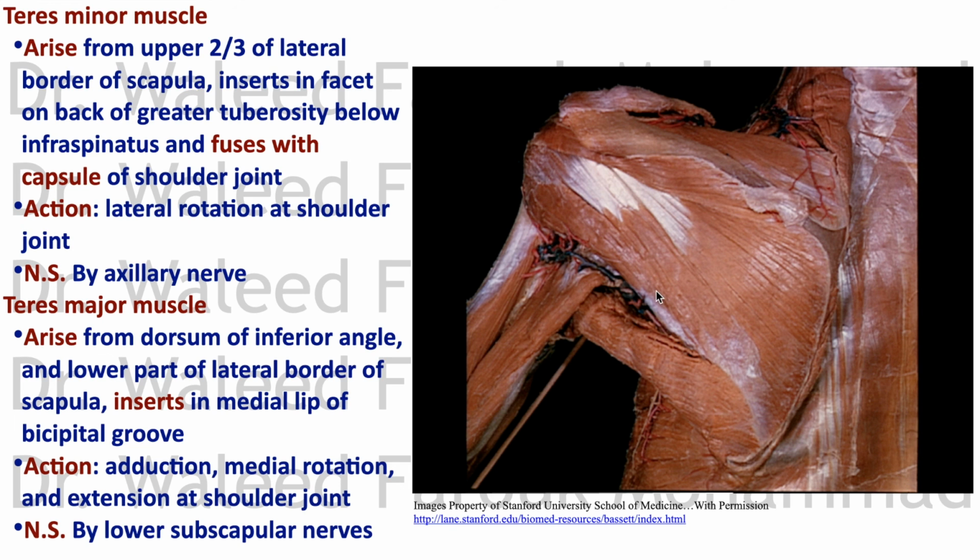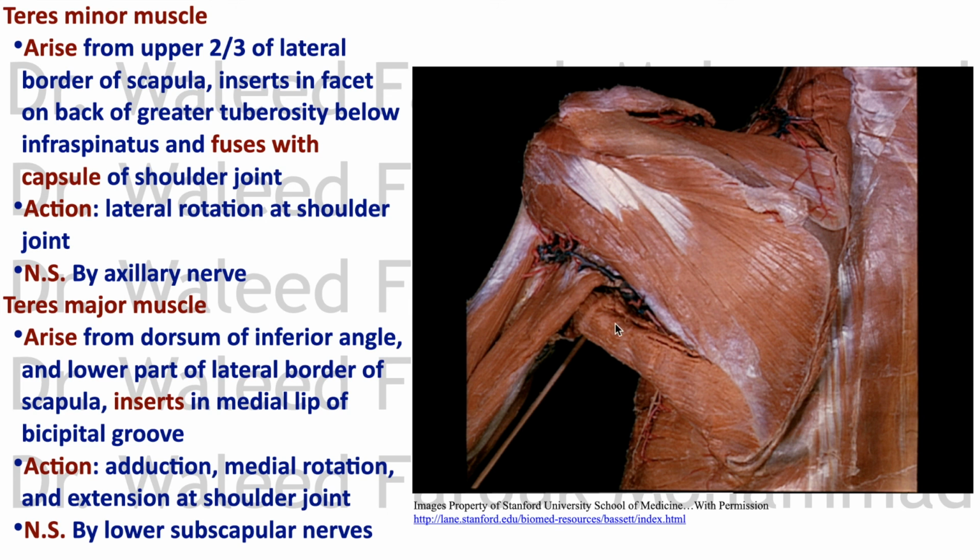Don't confuse that with the teres major muscle, which is attached to the inferior dorsum of the inferior angle of the scapula and goes to the lateral and lower part of the lateral border of scapula and inserts in the medial lip of the bicipital groove. So it has to curve anteriorly. It goes anteriorly.